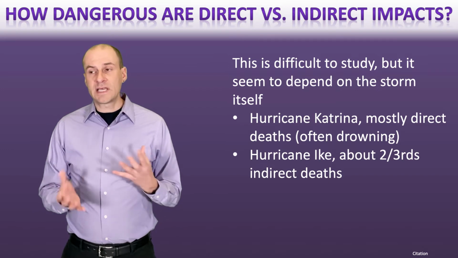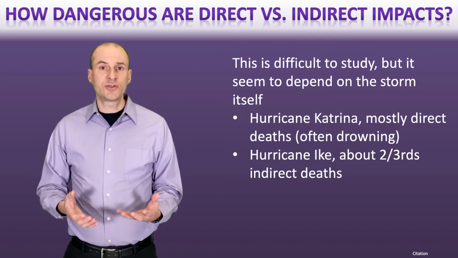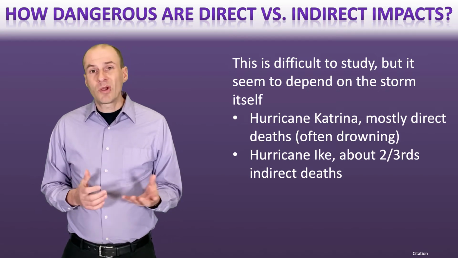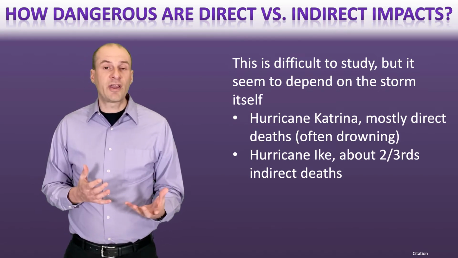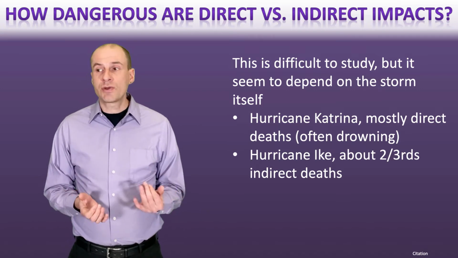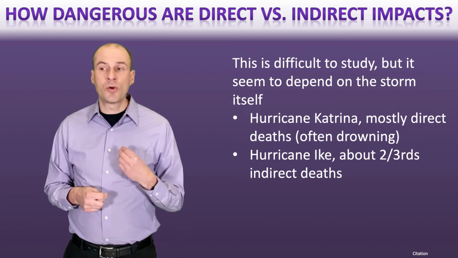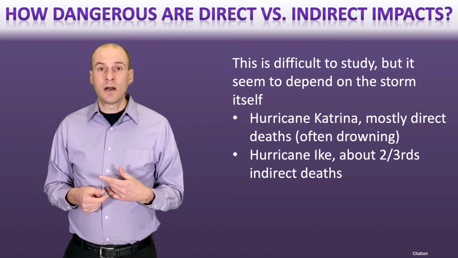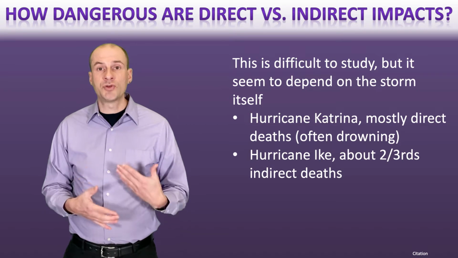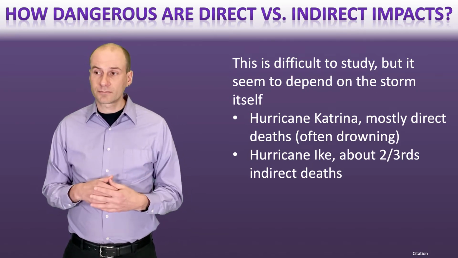Now, when we compare these indirect and direct impacts, which ones are more dangerous when we think about mortality? Well, it actually turns out that it varies. It depends on the storm and the types of impacts that we see. So Hurricane Katrina, most of the mortality was actually due to direct impacts. So mostly drowning, but other types of trauma that were due to the storm itself and the very rapid flooding of the city.